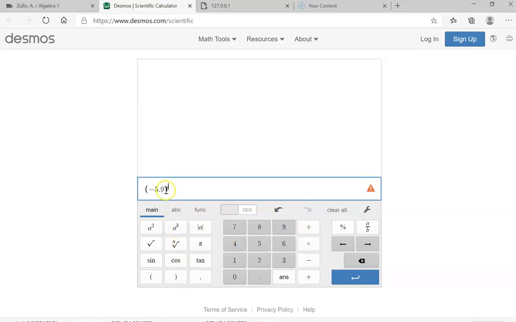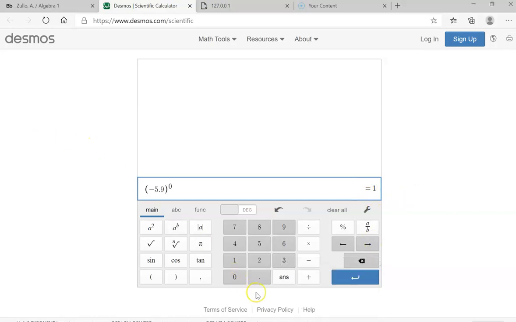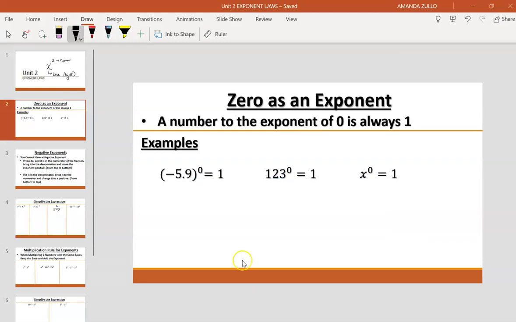If you click that, it'll give you the option to put in an exponent. And you see right here, it is 1. Okay? So that was just making sure that you could do it on your calculator. You could always do these in your calculator. The only thing you can't put is x to the 0 power because you can't input a variable here. All right.